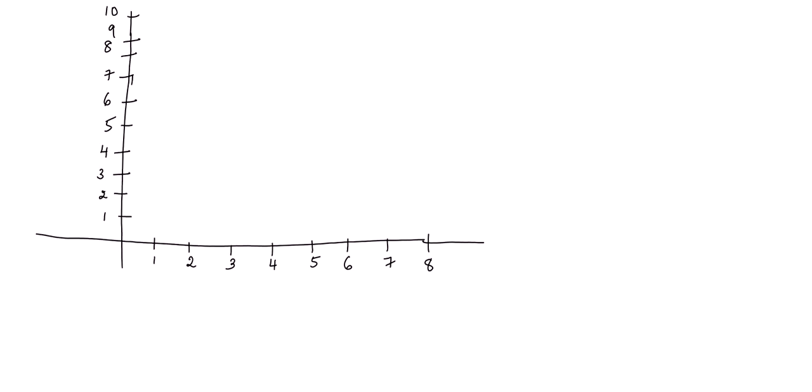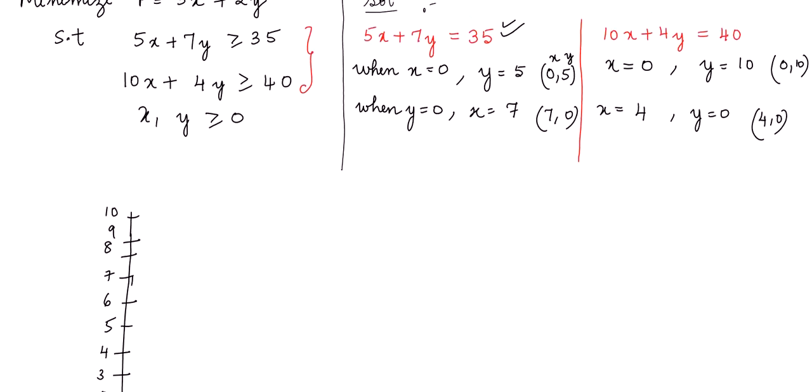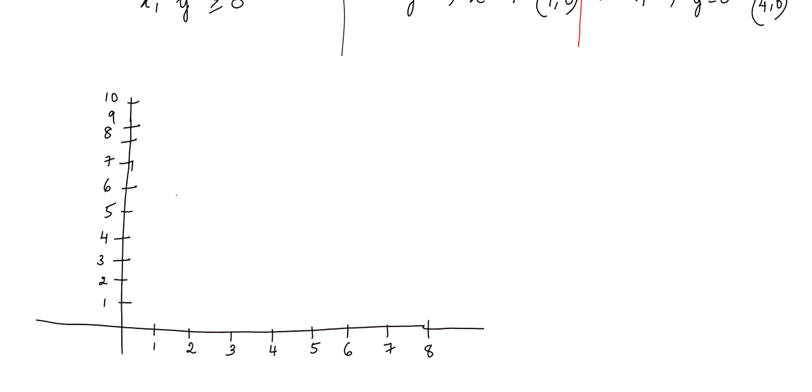Just check what the points are. For the first equation, you have 0 comma 5 and 7 comma 0.